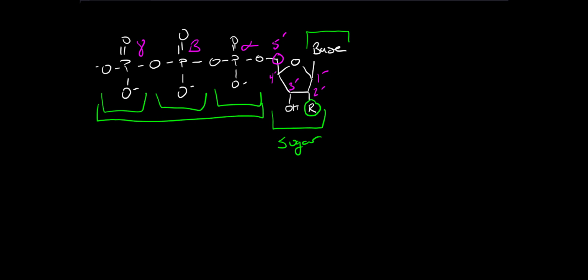This R group, if it's an OH, that corresponds to ribose. And this is the form of our ribose ring that we'll see is present in RNA and a lot of other larger molecules that include nucleic acids as part of the structure.